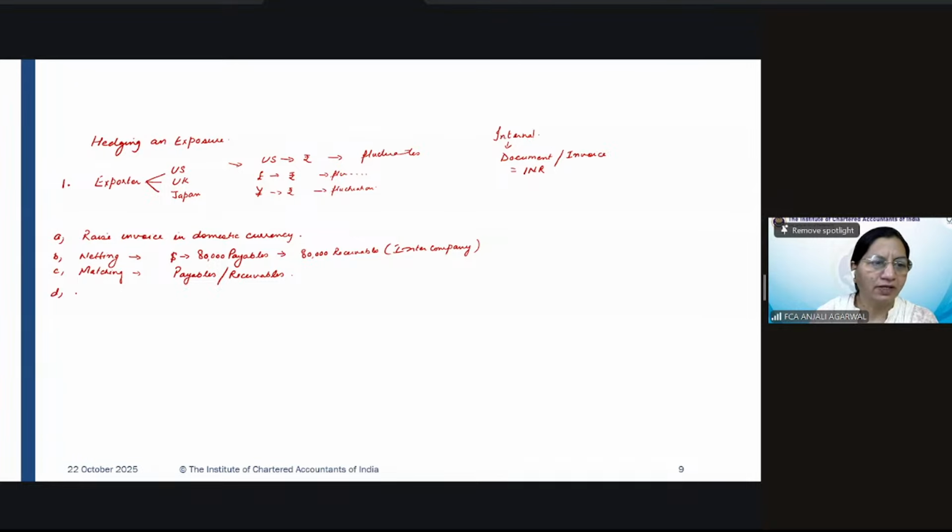Another thing that can be done is you can change the price variation. So for example, these three importers do not agree to get the invoice in Indian rupees. When the price of the dollar was 80, I raised the invoice, let's say, for $1,000. So I was supposed to be receiving 80,000. Now, in case the dollar fluctuates to 75, what I will receive is 75,000. So the loss of 5,000 can be covered.